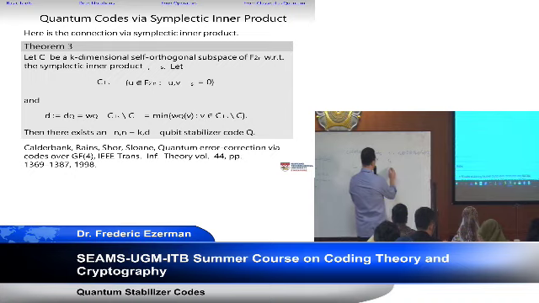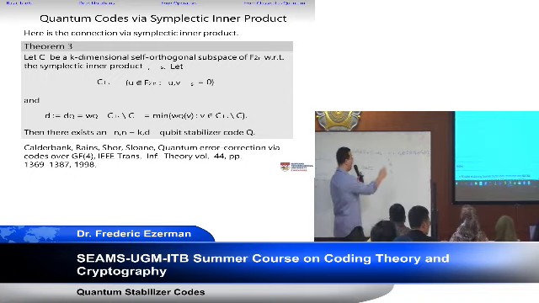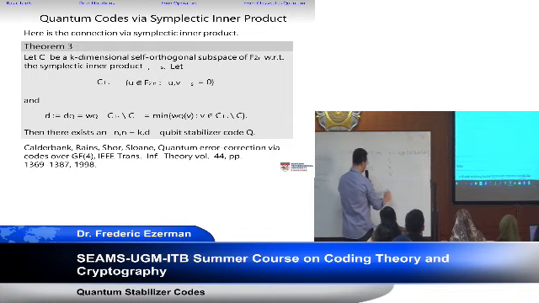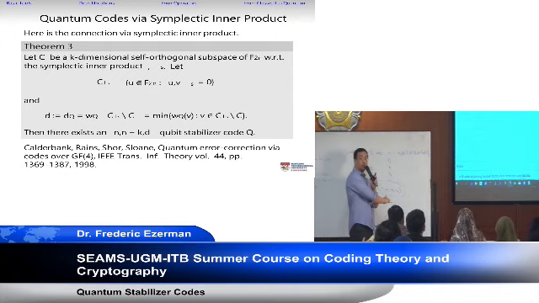Then you take 2, 3, and 4. The set of error operators that you can handle is all of these products. So it's a set generated by E1, E2, E3, E4. You know that there exists a quantum code that can handle these error operators.